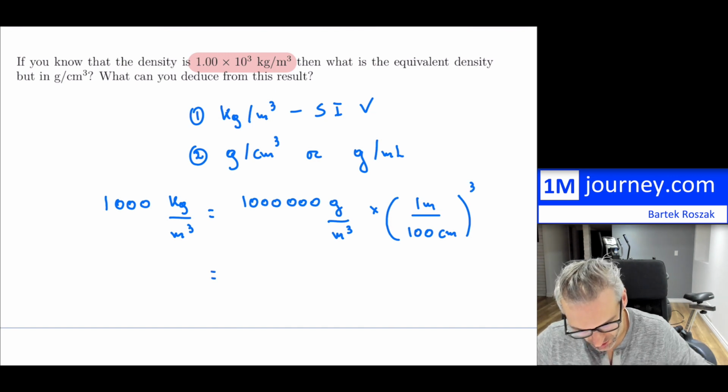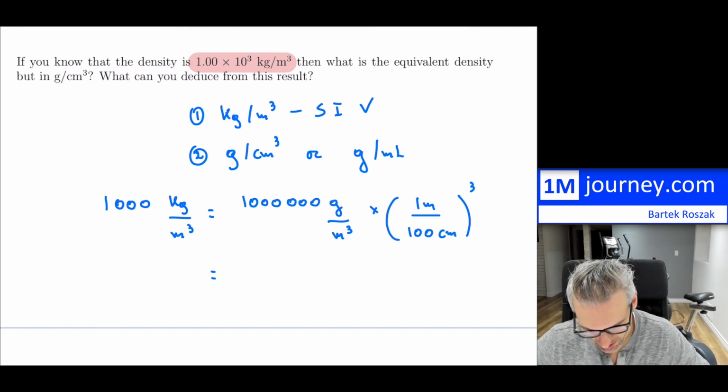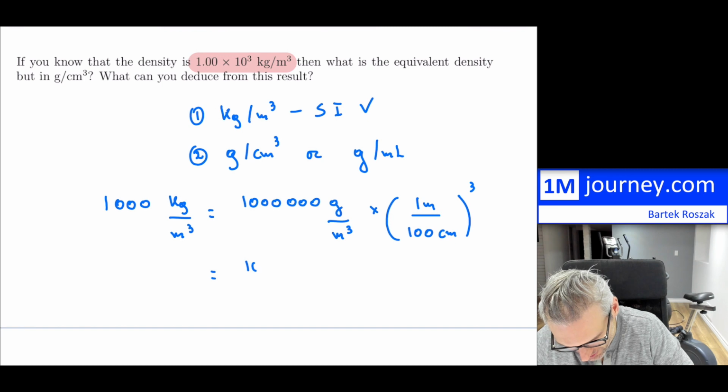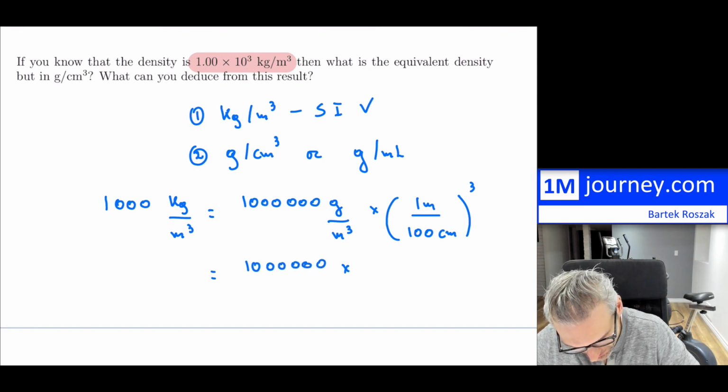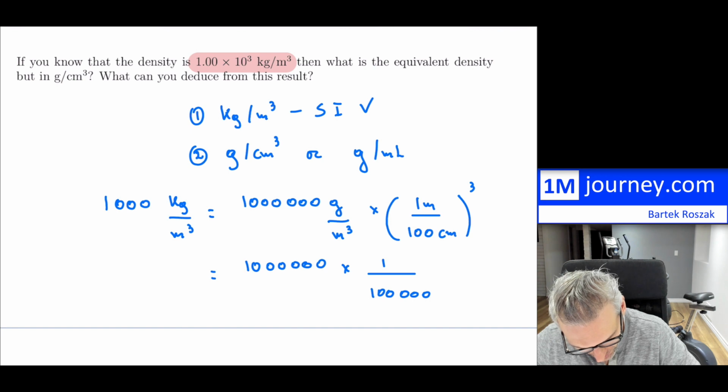Notice 100 cubed is actually 1 million. So you get 1 million on top, multiplied by 1 all over another 1 million. 1, 2, 3, 4, 5, 6.